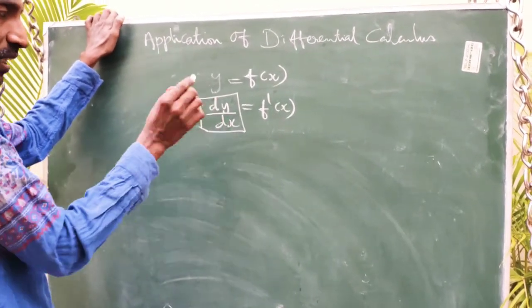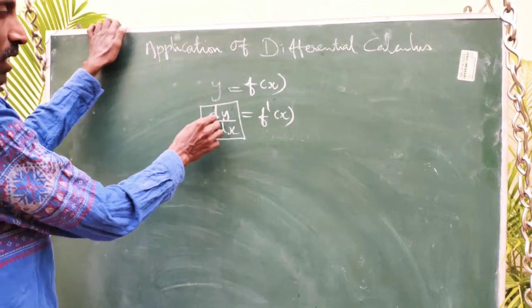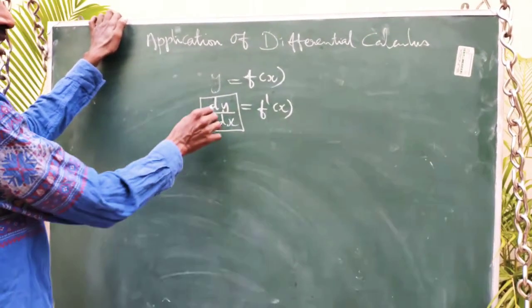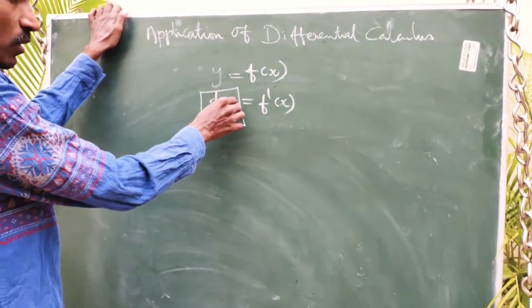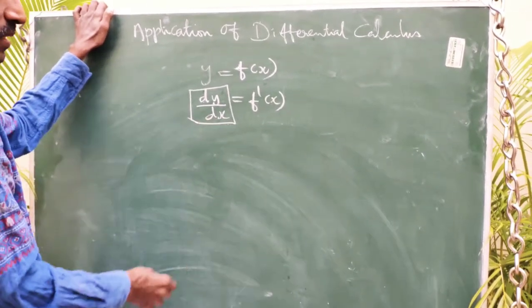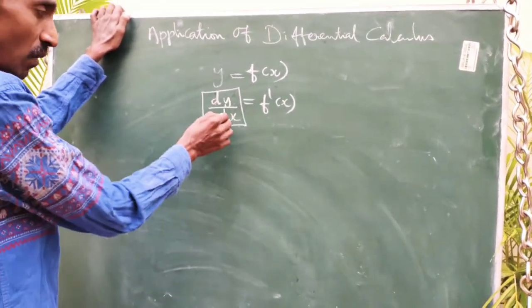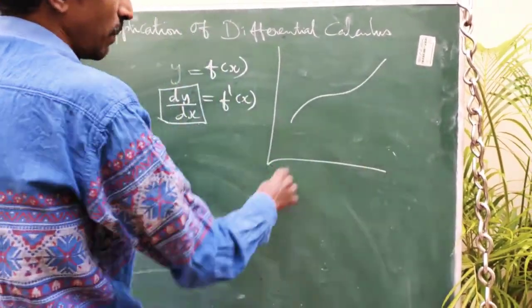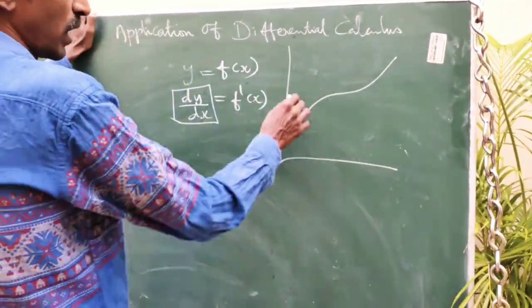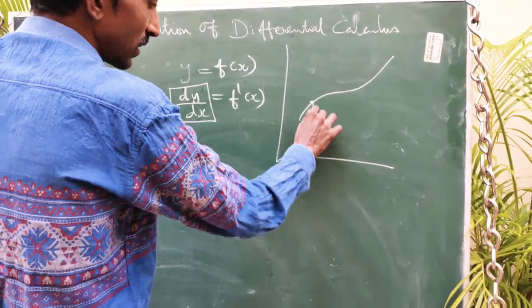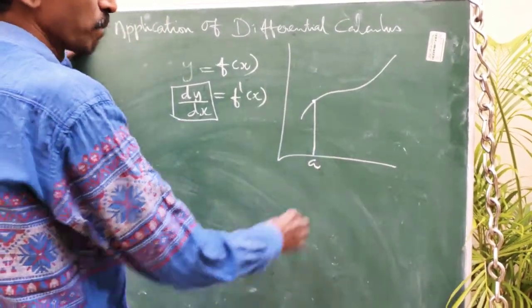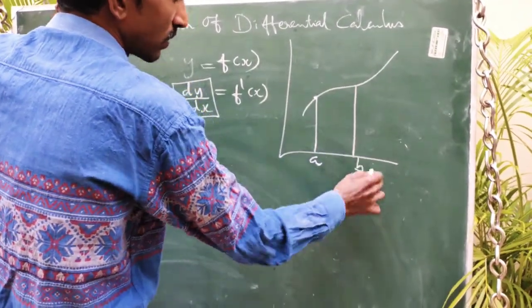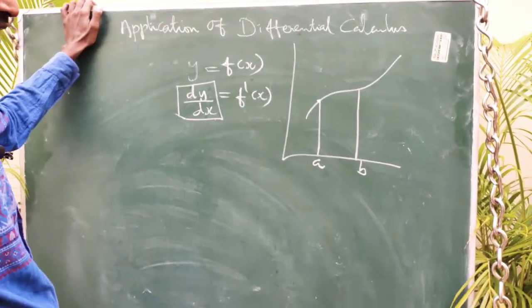So derivative as a rate measure, that means dy by dx means change in y with respect to change in x. For example, consider the diagram. It is a graph of the curve y equal to f of x. For example, it is the initial position x equal to a and it is a final position b, between the two limits we are finding out.